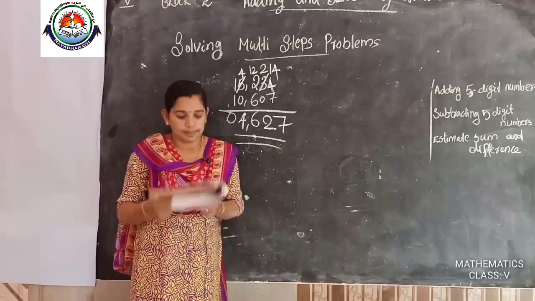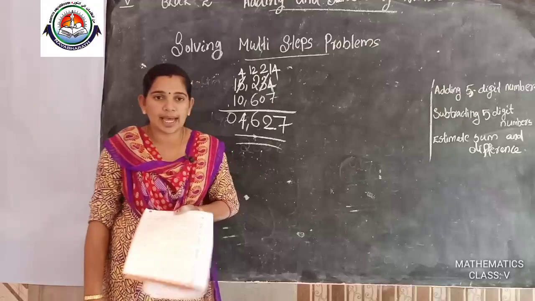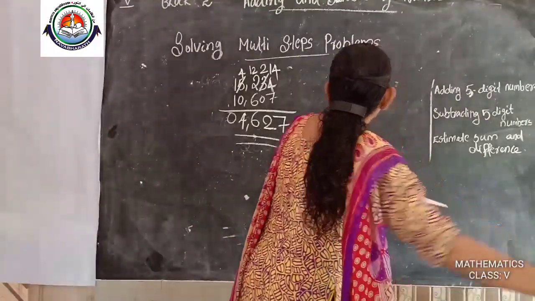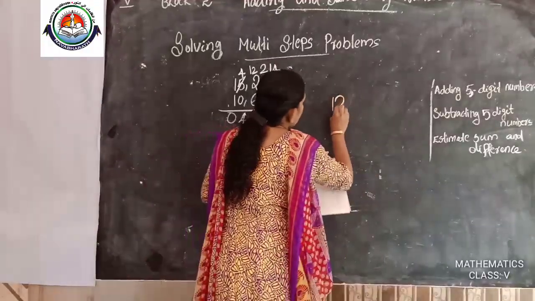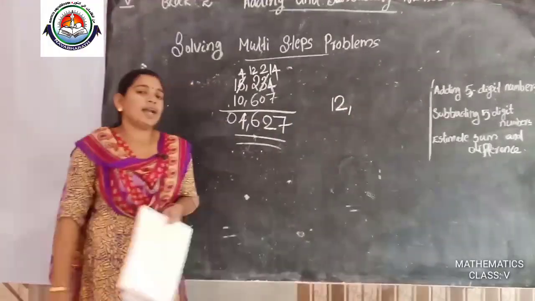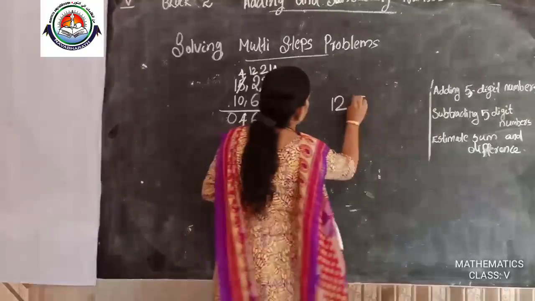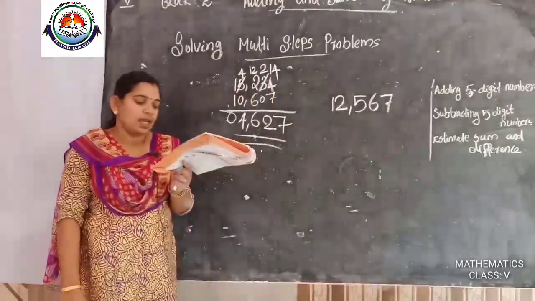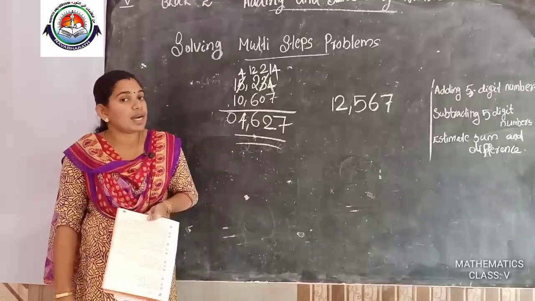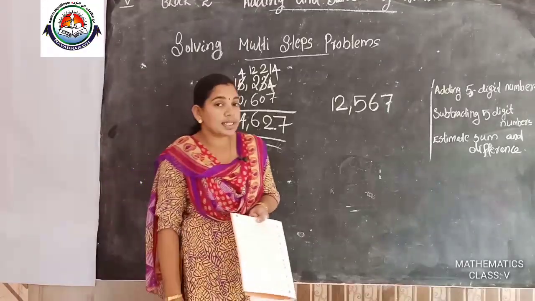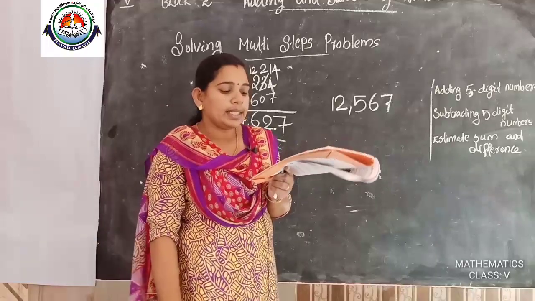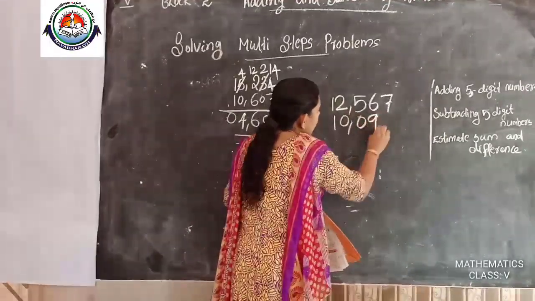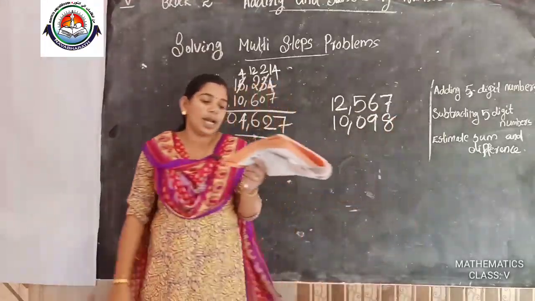Then the second question. A stadium has 12,567 seats on one side and 10,098 seats on the other.